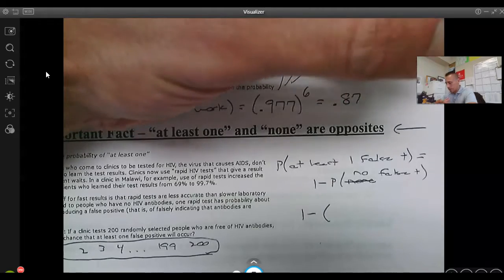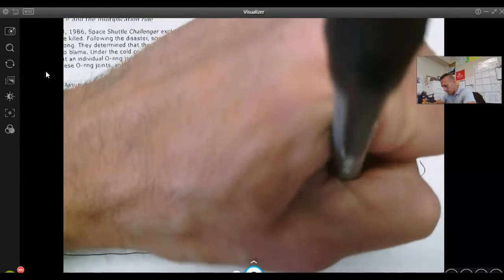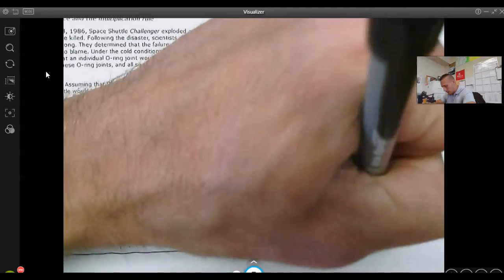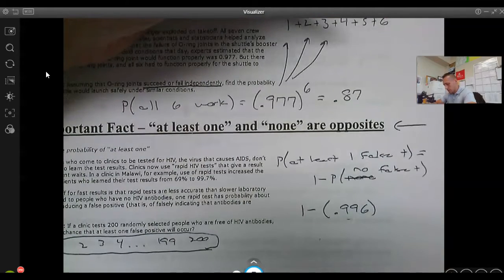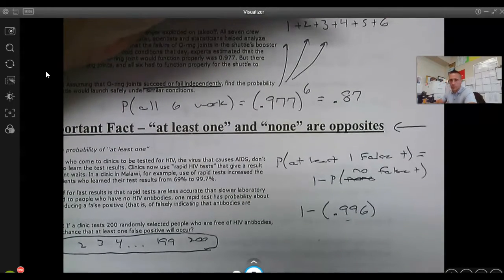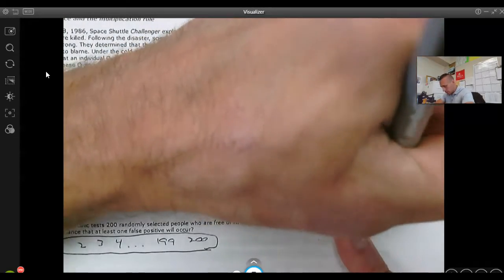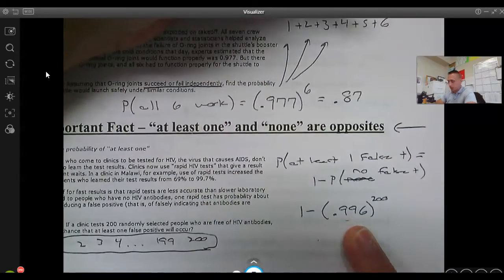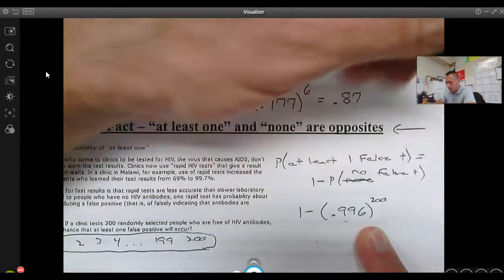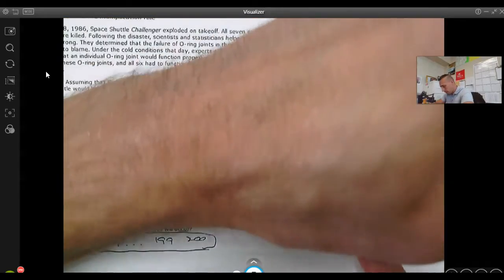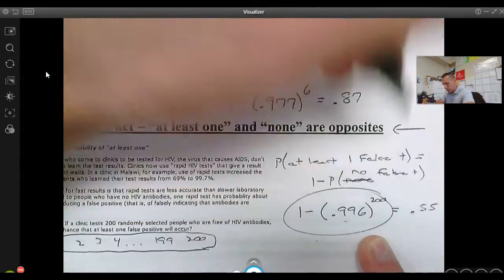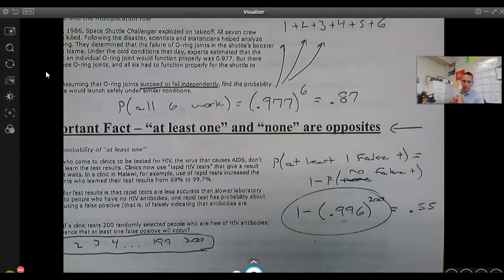So the probability that they don't have a false positive is the complement, 0.996. But I need 200 people to have no false positive. Assuming each person's results are independent of the next, I can just multiply because they're independent events. And this calculation is going to give me 55%.